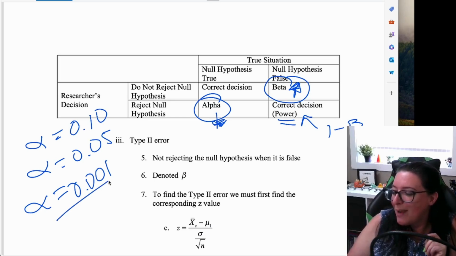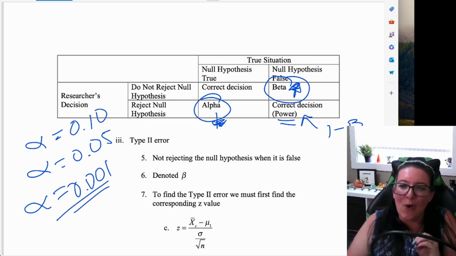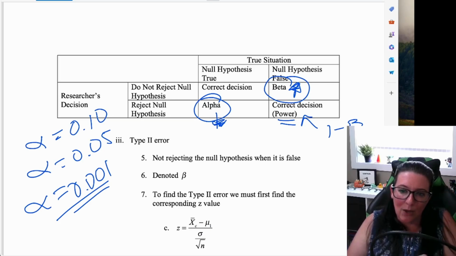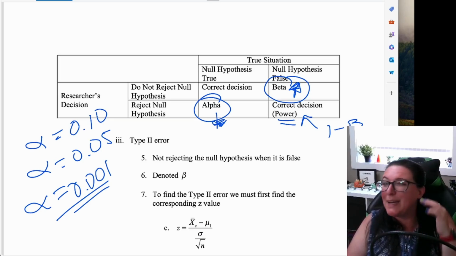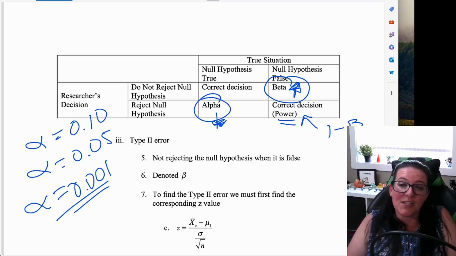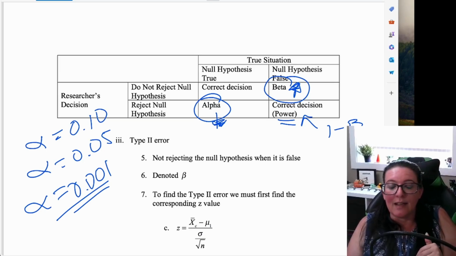So that's why in medical testing we're doing 0.001, because we're willing to have a higher beta and a lower alpha. If we're talking about surveys and market research, where we're talking about money but not lives, and we really can't get bigger sample sizes, we might be willing to do an alpha of 0.1, in which case the alpha is bigger and the beta is smaller.